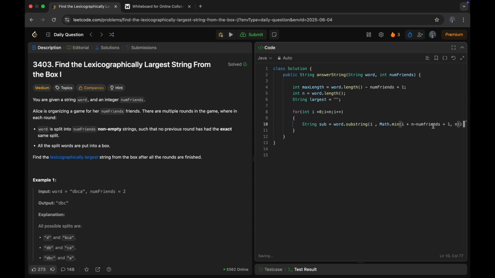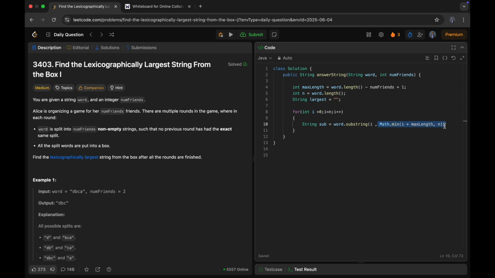But guys, look here, n minus numFriends plus 1 is nothing but the max length. We have already calculated this, so we need not put this one. So we're going to take this out and straight away put max length.